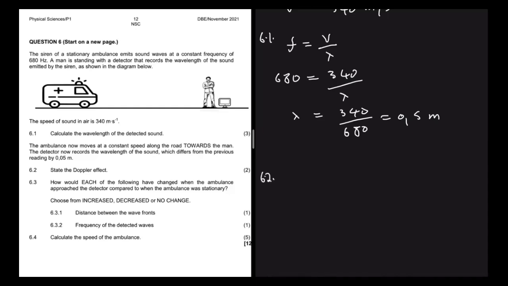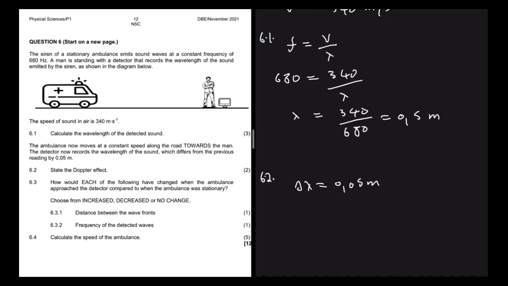And then we have 6.2, which starts with a statement. It says the ambulance now moves at a constant speed along the road towards the man. The detector now records the wavelength of the sound, which differs from the previous reading by 0.05 meters. Okay, so we have a change in wavelength equal to 0.05 meters. Before we go any further, it is said that the ambulance is moving towards the man, right?